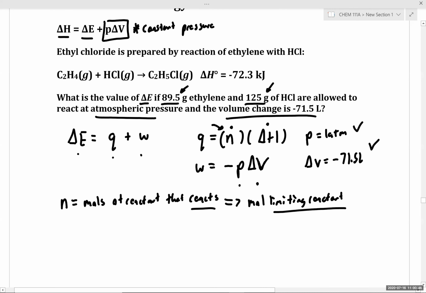To do that, we're going to take our grams of ethylene, which is C2H4, convert it to the moles of ethylene, and then convert it to the moles of our product.